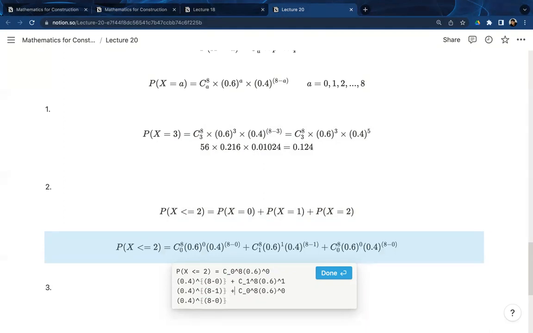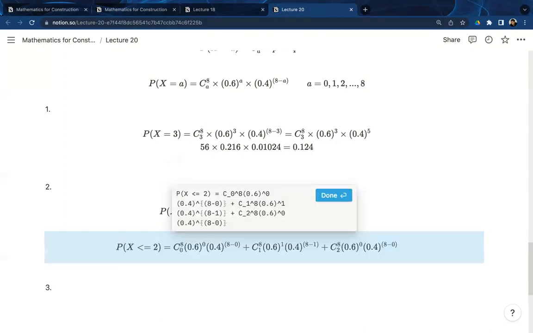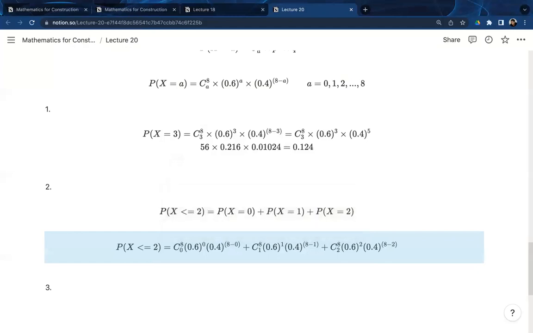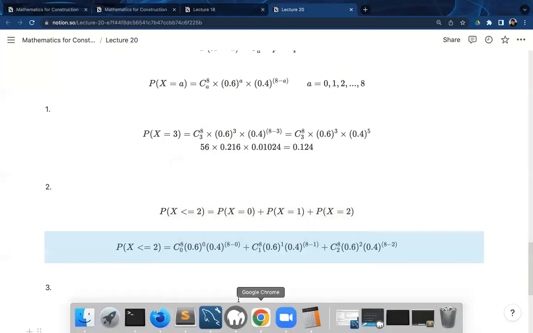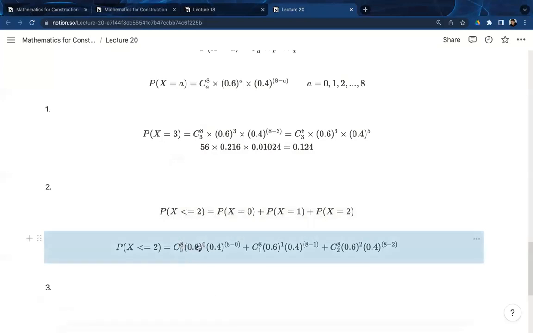This one, 2 is here. So you see P is the probability of number of successes. So this is one success, this is two successes. And if you have two successes, you're going to have 6 failures. And we multiply those probabilities because they're independent.